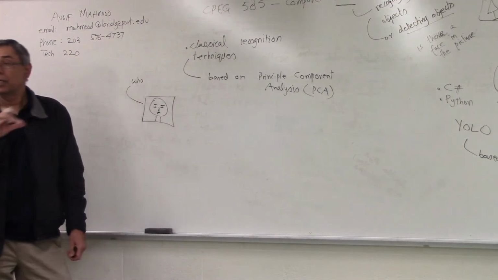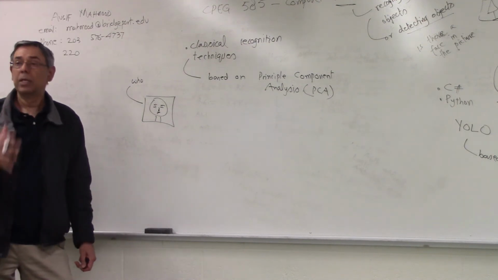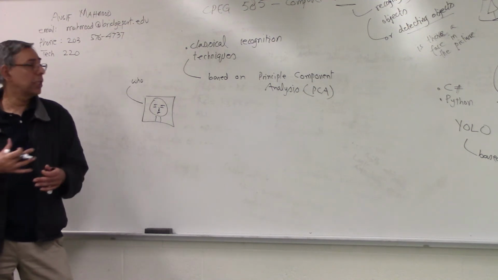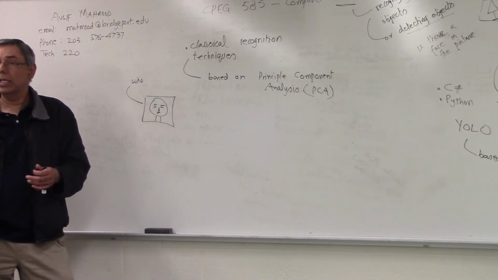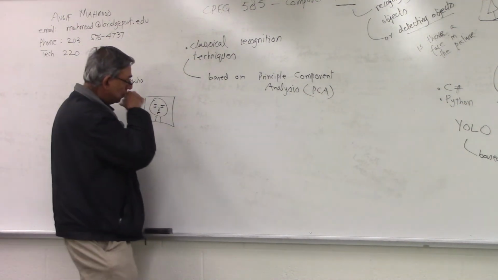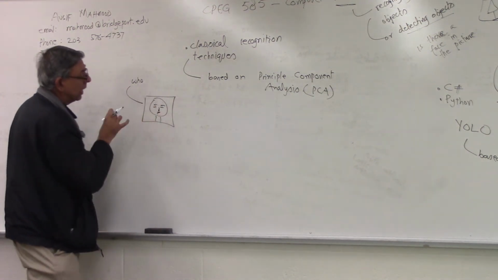Let's pretend, rather than you guys using your card to go to the gym, what if there was a camera? As soon as you walked in, it took your picture, automatically detected whether you are a registered student at UB, and let you in or not, right? So the question is, how do we do the recognition, okay?